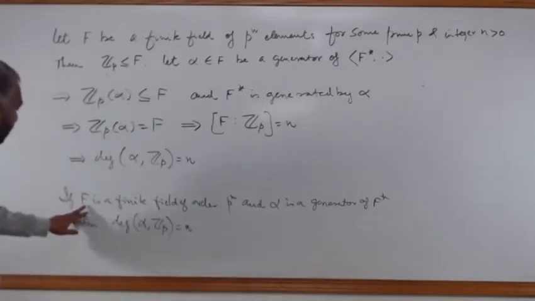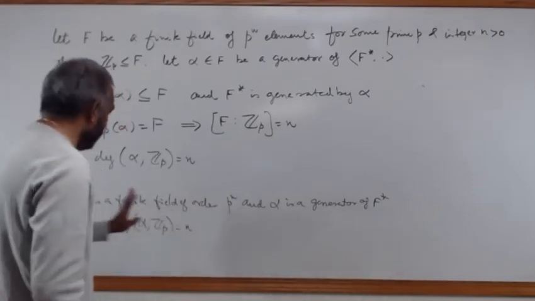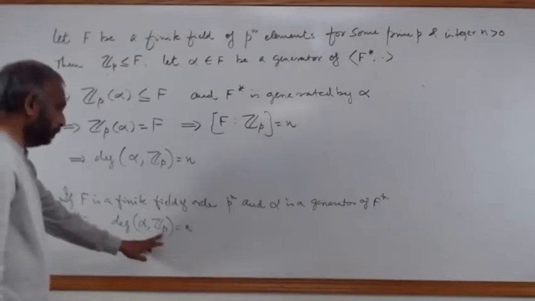Whenever you say F is a finite field of order p to the power of n, it is automatically an extension of Zp.